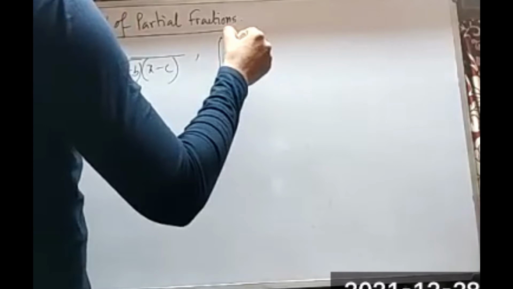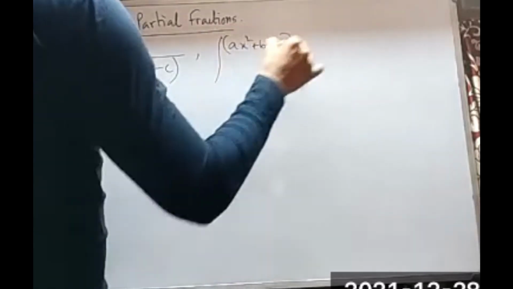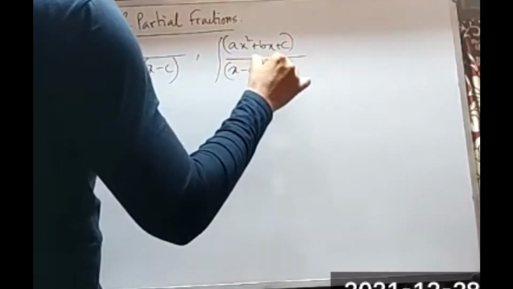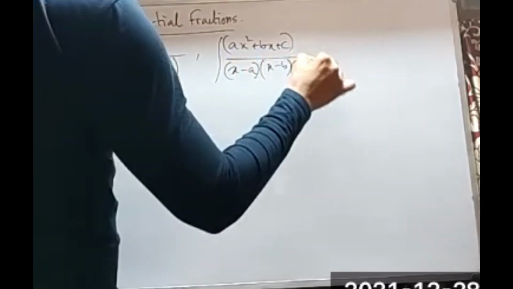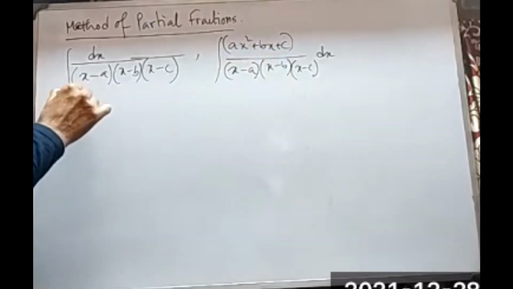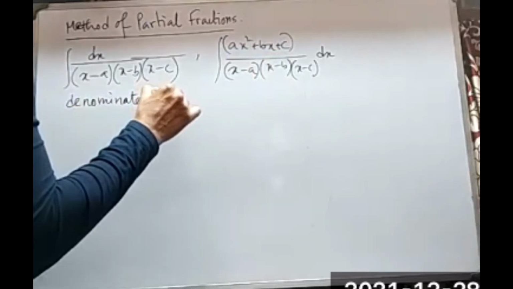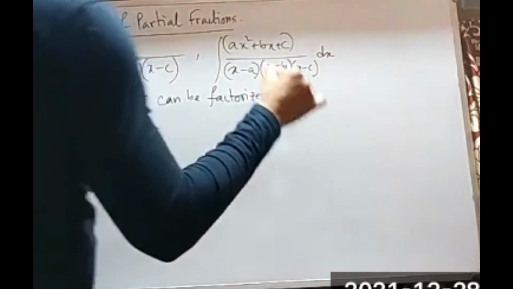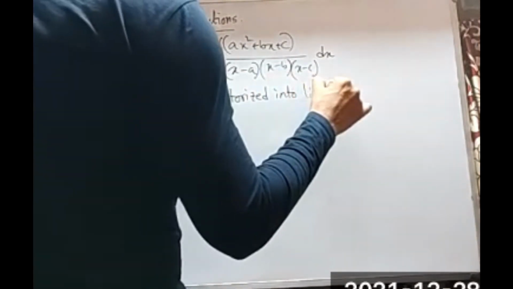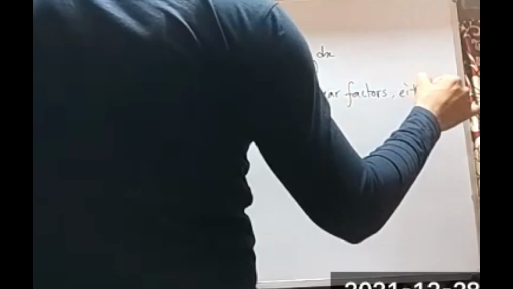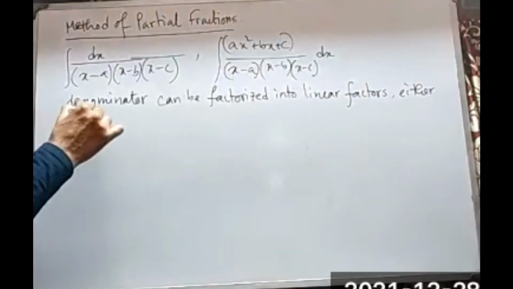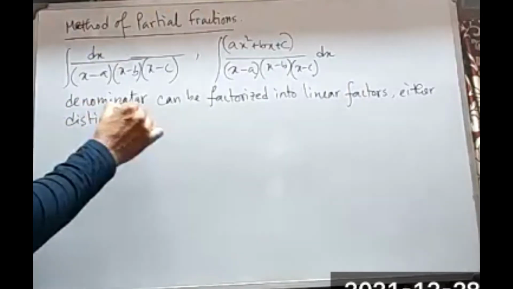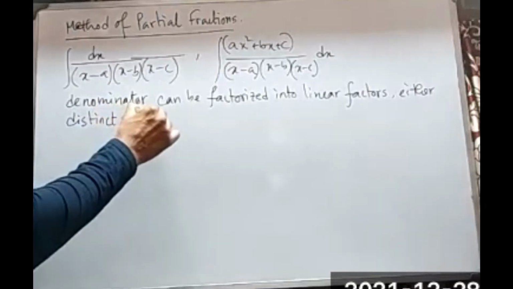some quadratic expression ax square plus bx plus c divided by, that means the denominator can be factorized into linear factors, either distinct or repeated.